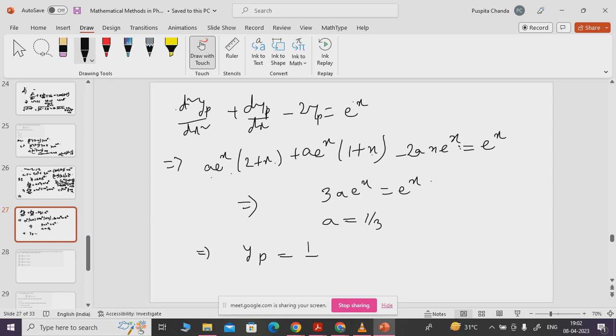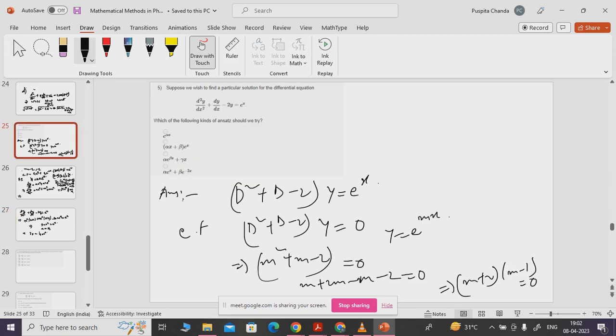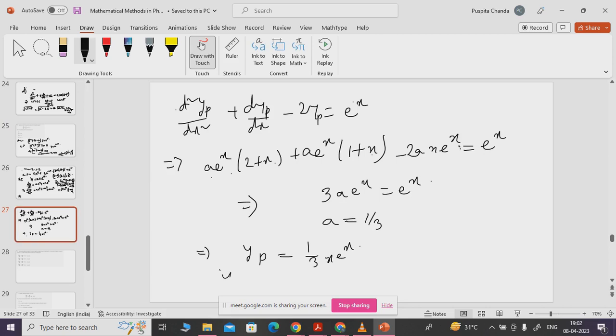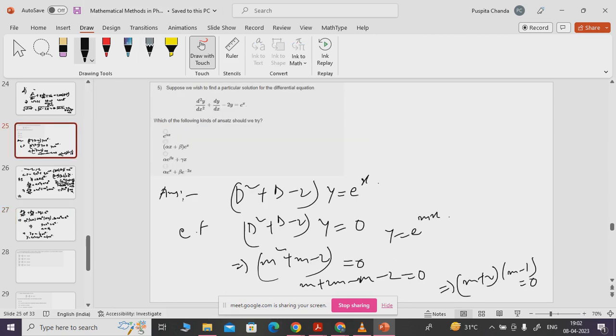So yp will be 1 by 3 x e to the power x, and the whole solution will be c1 e to the power x plus c2 e to the power minus 2x plus 1 by 3 x e to the power x. So we can say it is of the form (alpha x plus beta) into e to the power x.